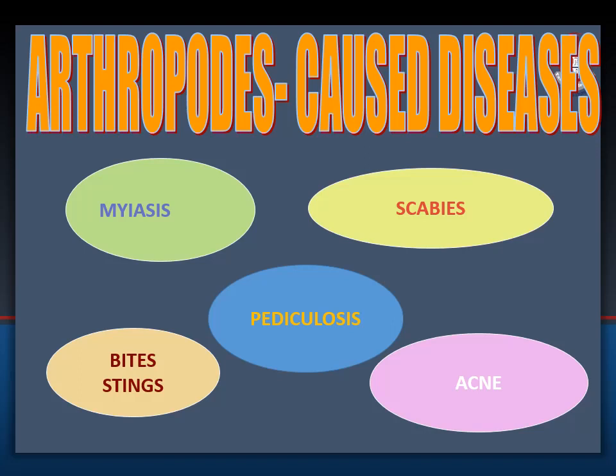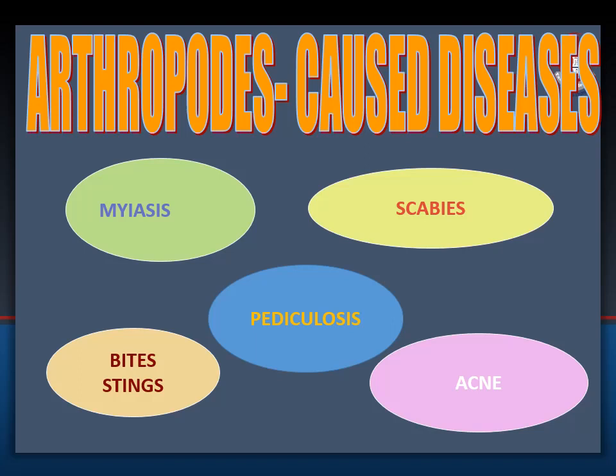If we would like to see some examples of the diseases caused by the arthropods themselves, this may include myiasis, scabies, pediculosis, bites, stings, and acne. As I told you, myiasis is a condition due to laying of larvae or eggs of flies on human flesh.